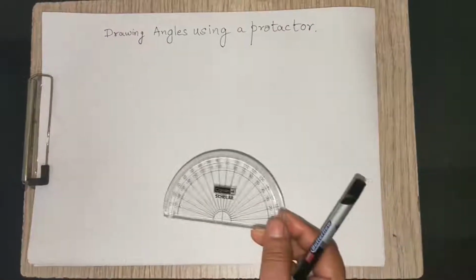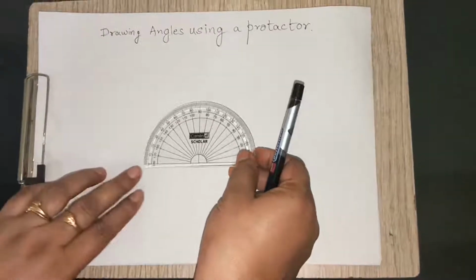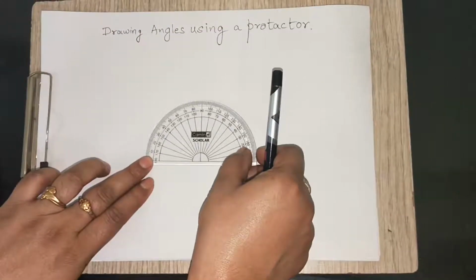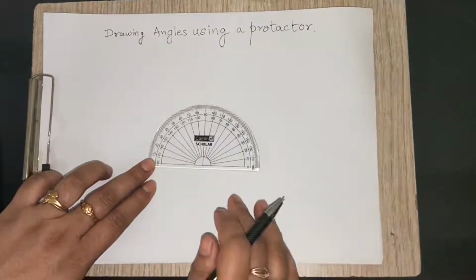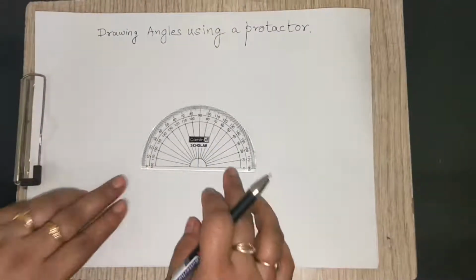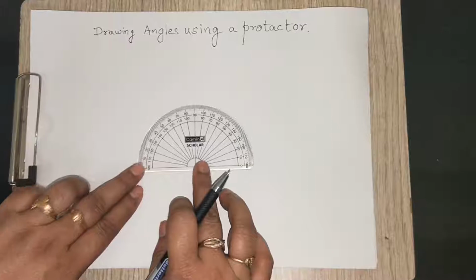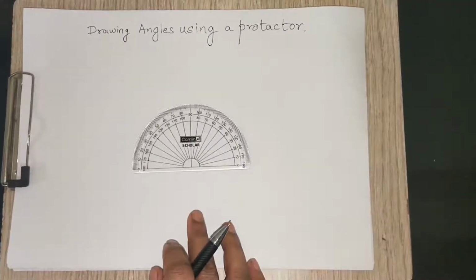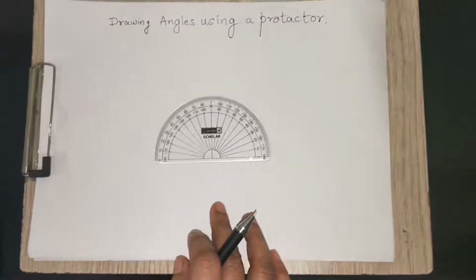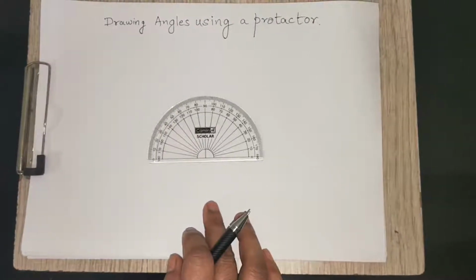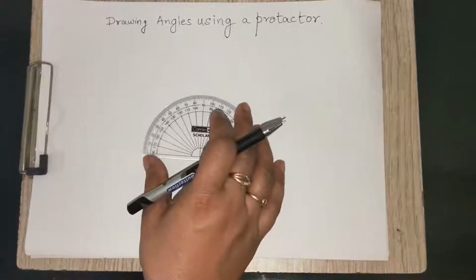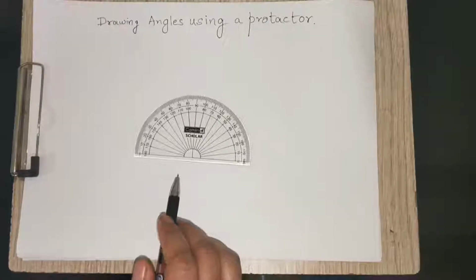Okay, so children, here you can see this is a protractor, and a standard protractor is half a circle. You can see this protractor is in a semicircular shape, and the instrument used to measure angles is the protractor, and you can find it in your geometry box.